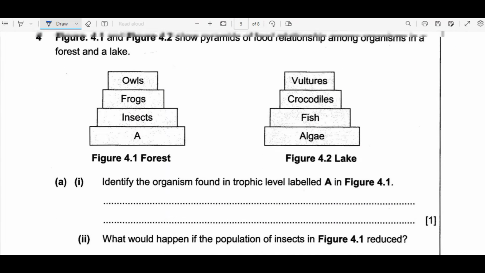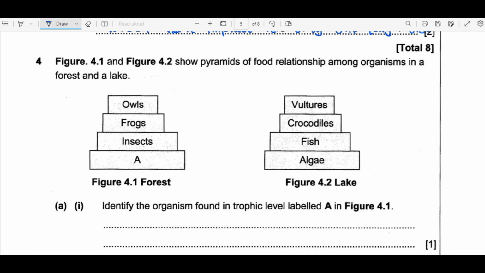Now for question 4, figure 4.1 and figure 4.2 show pyramids of food relations among organisms in a forest and a lake. All these can be considered as ecosystems, because we can see that life is possible in a forest and a lake.